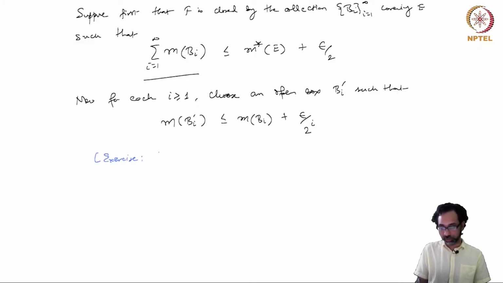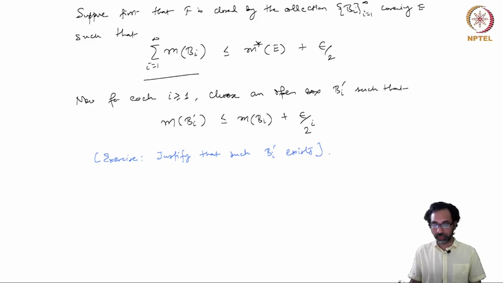Exercise: justify that such Bi prime exists. So here it's a matter of enlarging the box Bi such that the volume of the enlarged open box Bi prime is very close to the volume of the original box Bi up to some epsilon.